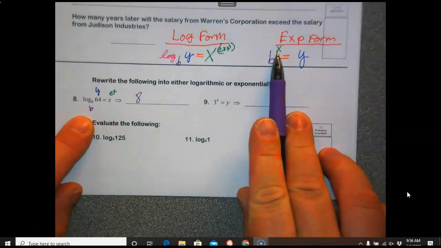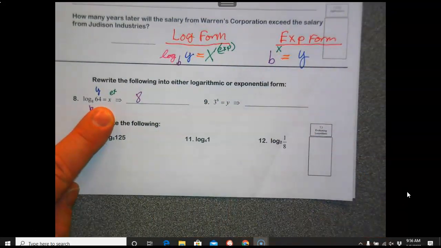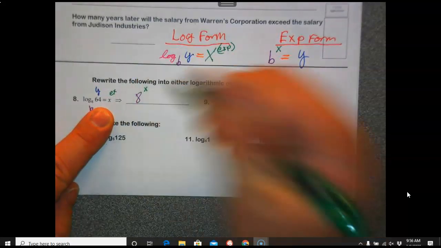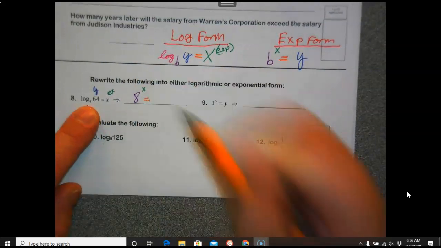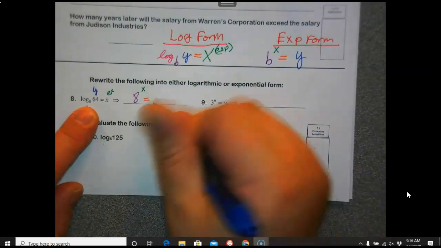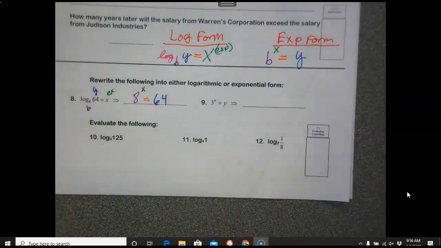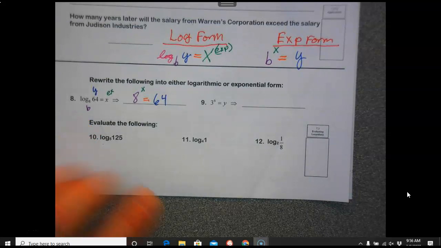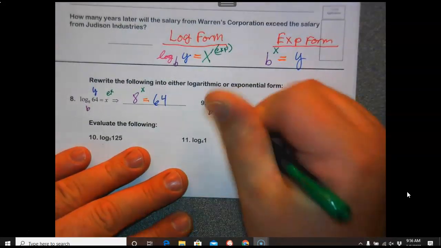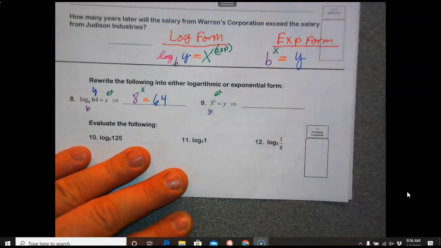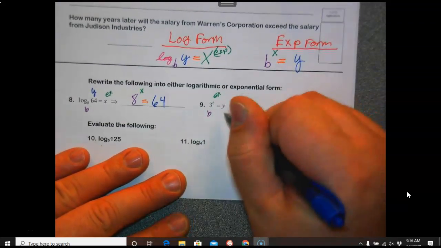I need my exponent, which is x, equals my y, which is 64. Makes your lives a lot easier. Take that extra step. Label things. Base, exponent, and y. Y happens to be y here.